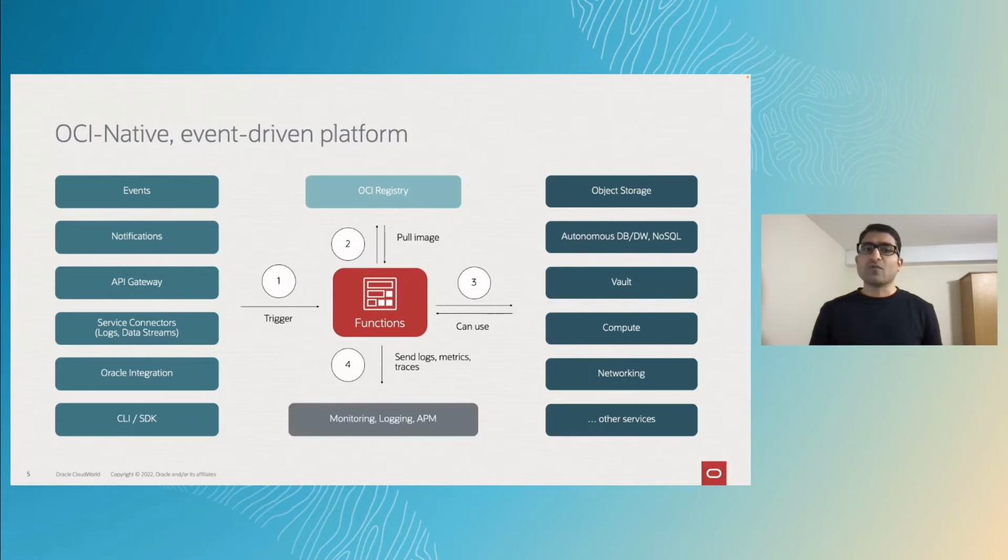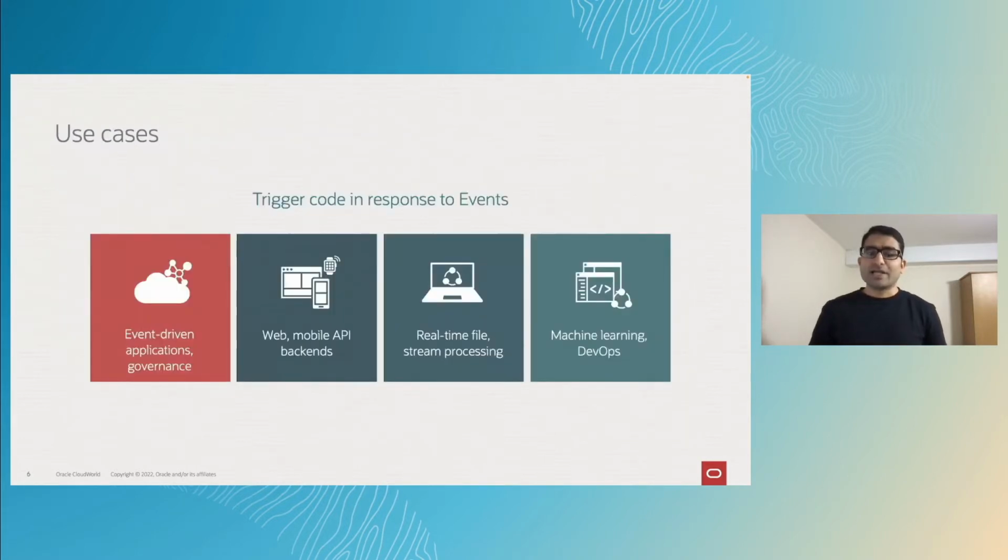Functions also provides end-to-end visibility by providing built-in logging, metrics, and distributed tracing. This is how it provides a complete platform, and that's why it is a popular choice among our customers to implement various use cases using functions and combining it with other OCI services.